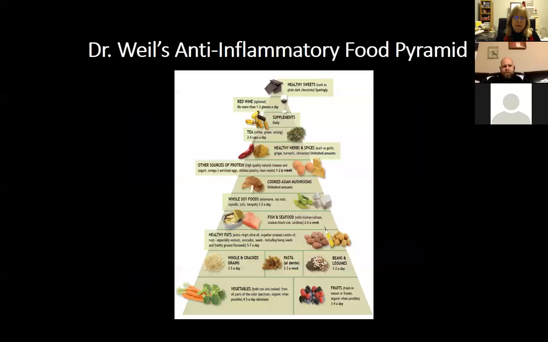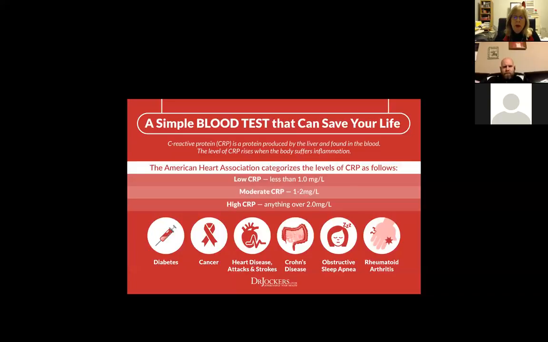Anything higher with the C-reactive protein puts you at increased risk that you have high levels of inflammation going on in your body. So when we look at the solution, when people have a lot of inflammation, or a terrible autoimmune disease like rheumatoid arthritis, what they'll get prescribed is a drug called prednisone. Prednisone is like the last heavy hitter.